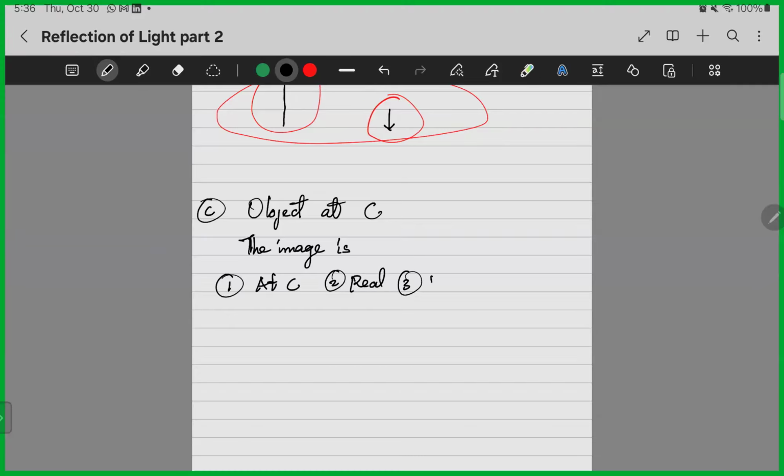It is inverted. And it is same size as object. Same size as object. So keep that in mind.